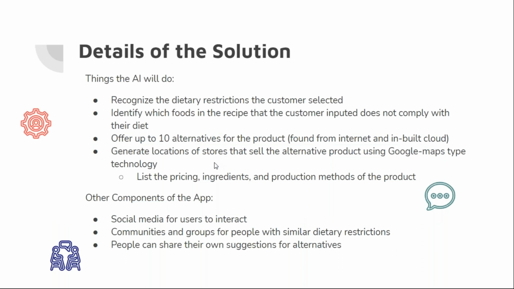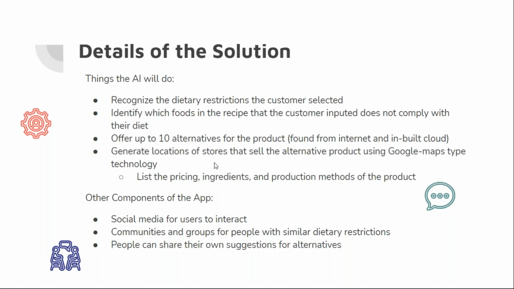Going into more detail on what our AI will actually do: the customer will input their own dietary restrictions into the app, and the AI will recognize those dietary restrictions and categorize them into which types of supplements will best fit the customer.